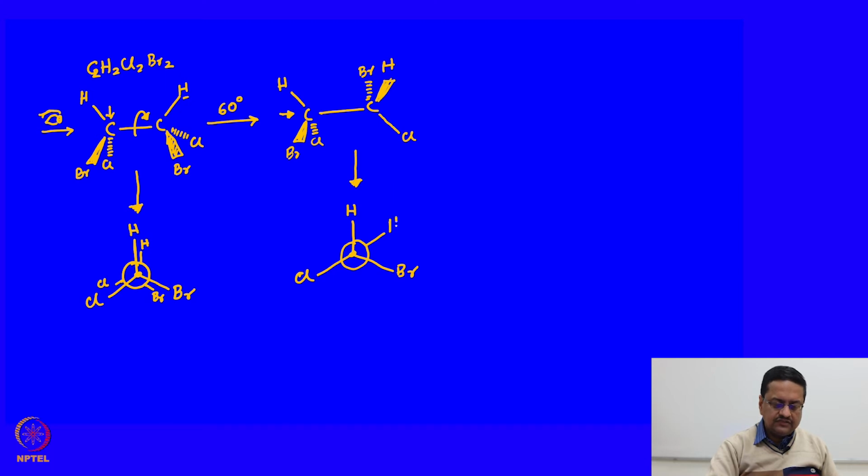So, it comes here opposite to the chlorine. You see this hydrogen and chlorine, hydrogen is above the plane of projection and chlorine is below the plane of projection. So, they are in anti conformation. Here again the hydrogen and chlorine are also anti, and of course, bromine and bromine are in anti conformation.